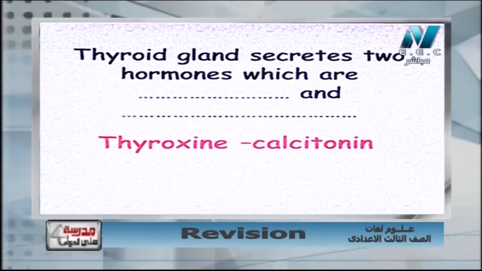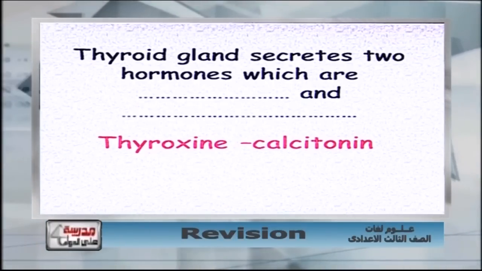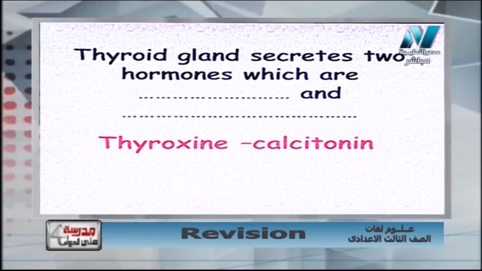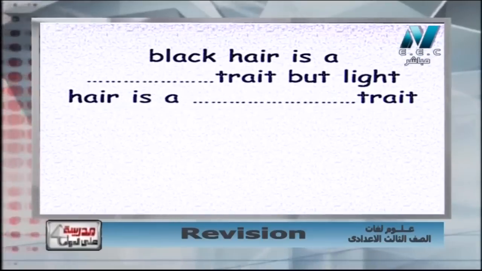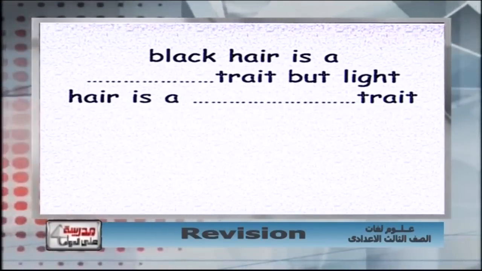So again, the thyroid gland secretes two hormones which are thyroxine and also calcitonin.